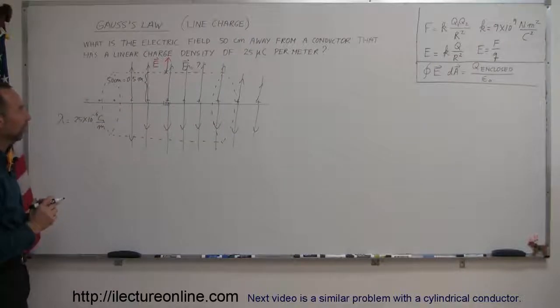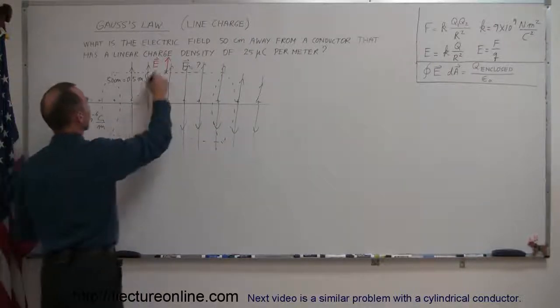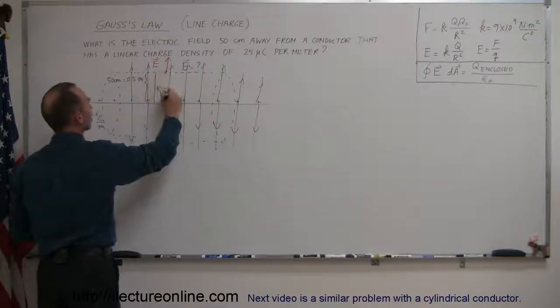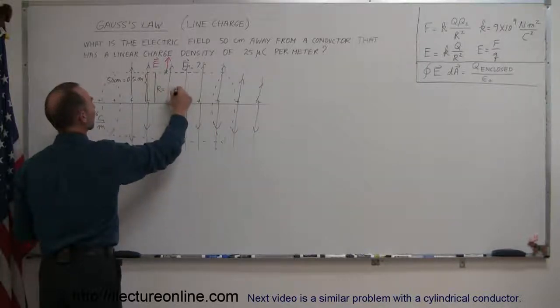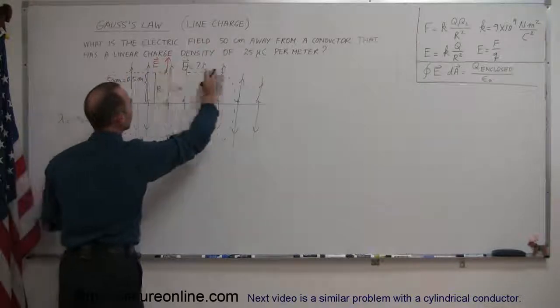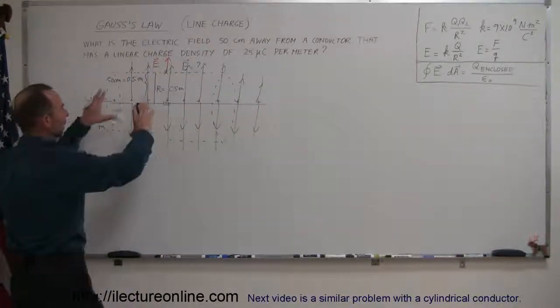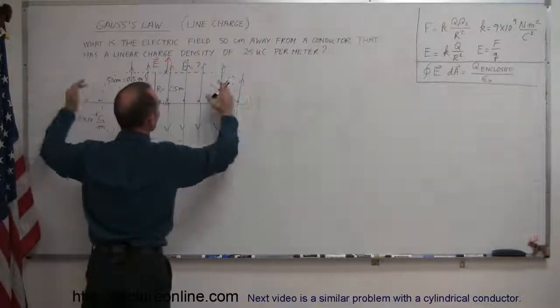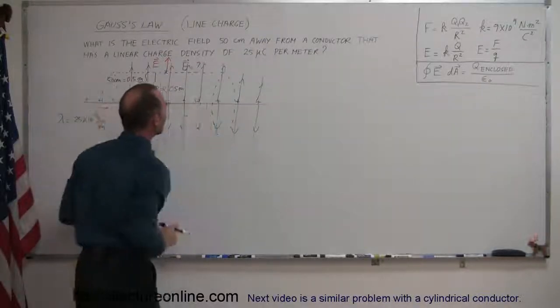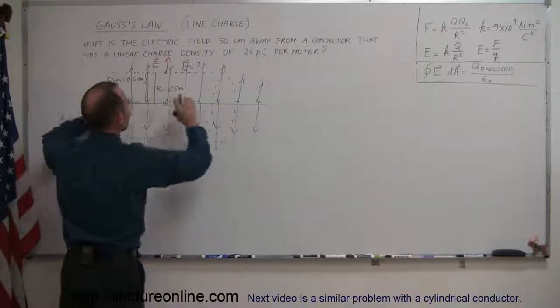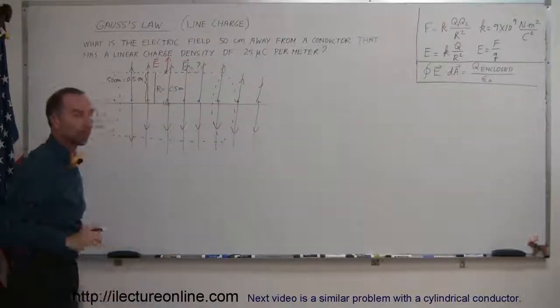In this case, it's a cylindrical shape. And the radius of the cylindrical shape, r, in this case is going to be, of course, 50 centimeters or 0.5 meters, because we want to make sure that the edge of that shape goes right through the point of interest. We can also imagine that we're going to make a very long cylinder so that the edges, again, are not important, only the sides. So imagine this big cylinder surrounding the wire with all the charge.